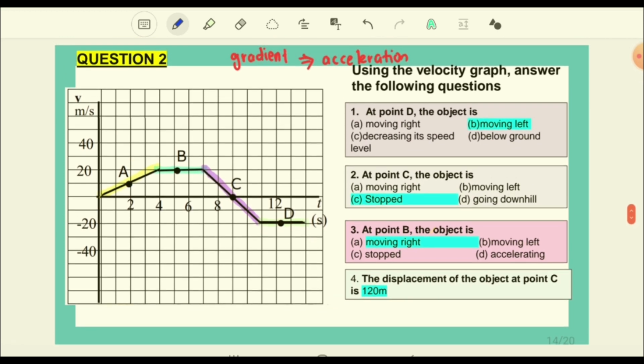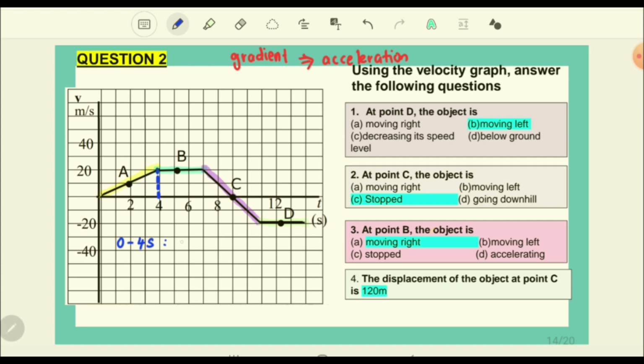Okay, let's look at point A. At point A, the object is moving from 0 to 4 seconds, and it's increasing its speed.